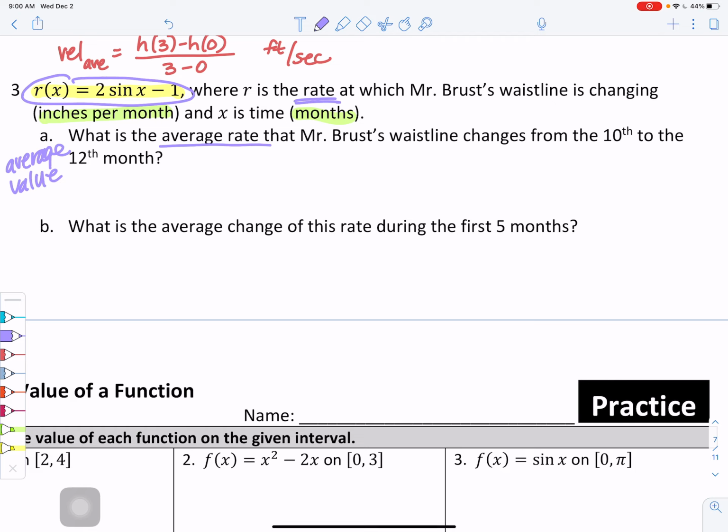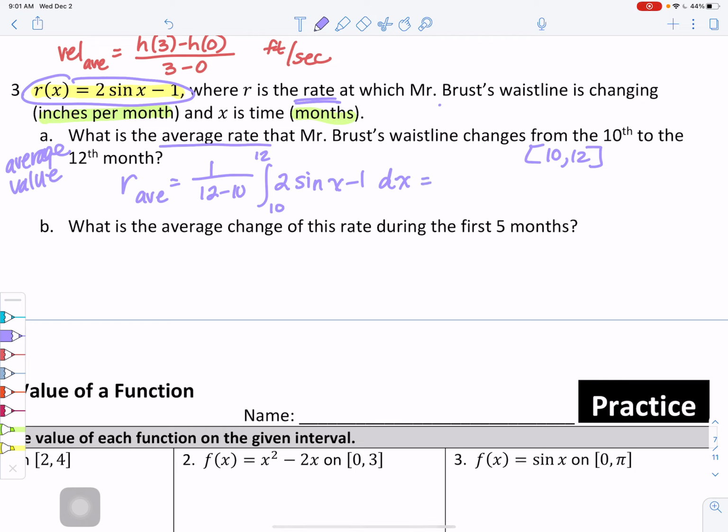So that'll be r average is equal to 1 over, and we're from month 10 to 12. So it is 1 over 12 minus 10, and let's go ahead and write that down. 12 minus 10 multiplied by the integral from 10 to 12 of 2 sine of x minus 1 dx.